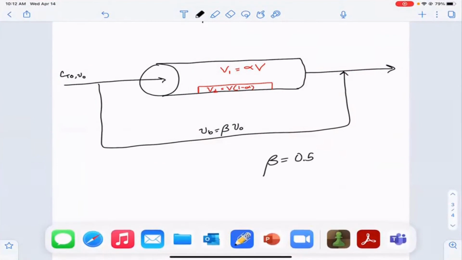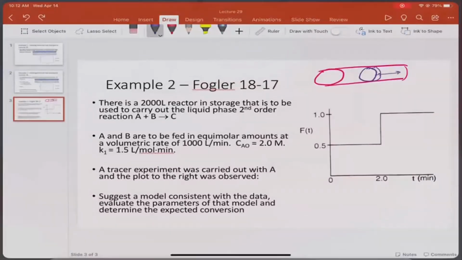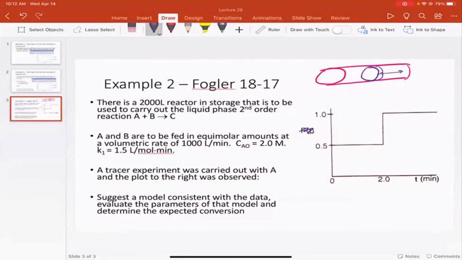And that's a really good way to do this. When you see a plot that is either this F of T, but you also could have a concentration versus time, it wouldn't be bound necessarily by 0 or 0.5. Let's say that this were 1 and 4 or something, right? You also would know that you could solve, in that case, for beta would be 1 over 4.